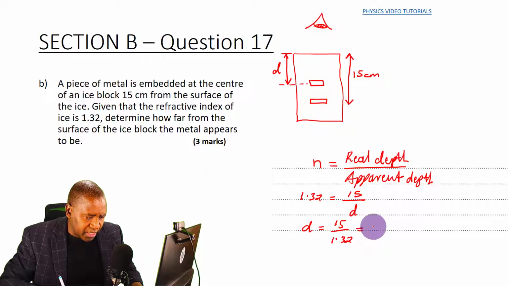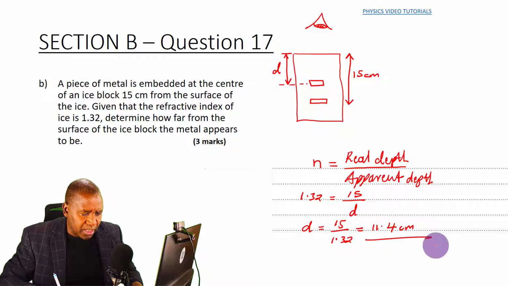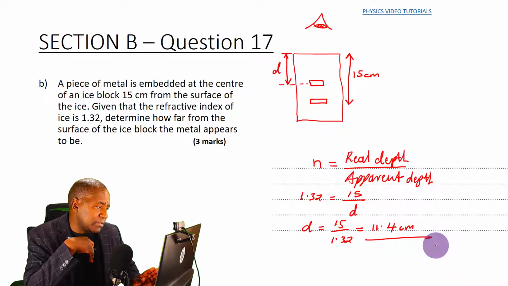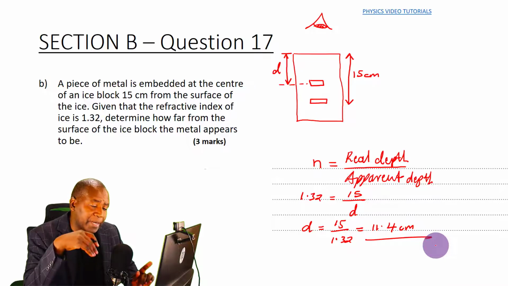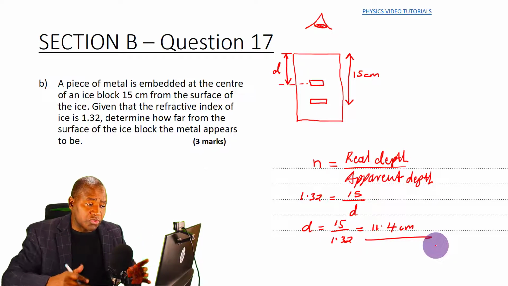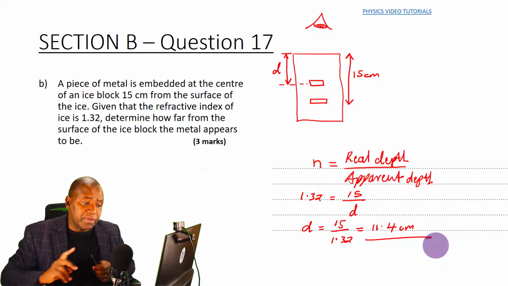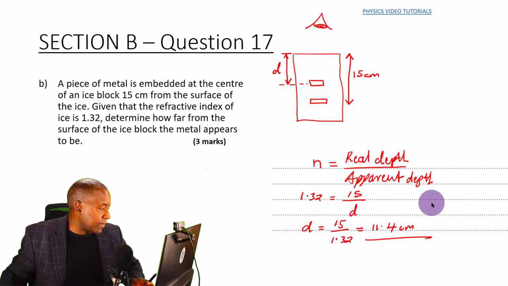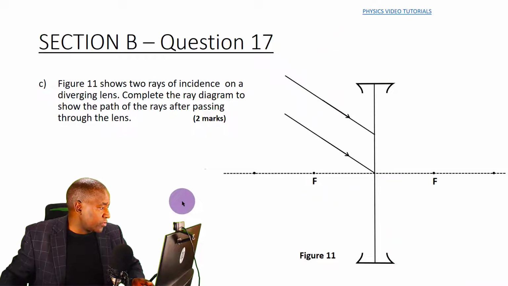You can say 11.4 centimeters approximately. So observe how they have described real depth and the apparent depth, because that skill is required. And then how you identify that you've got to use this concept of real depth over the apparent depth to determine the refractive index of the material. So let's go on to the next question.